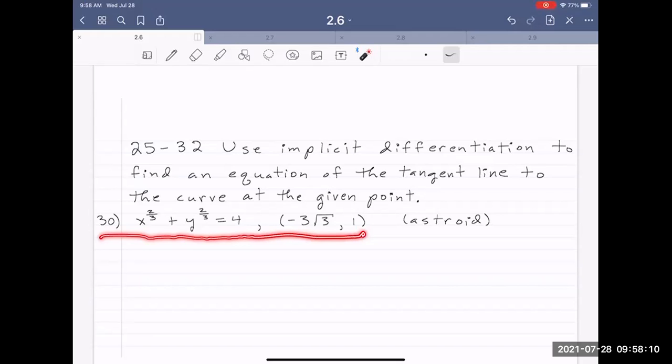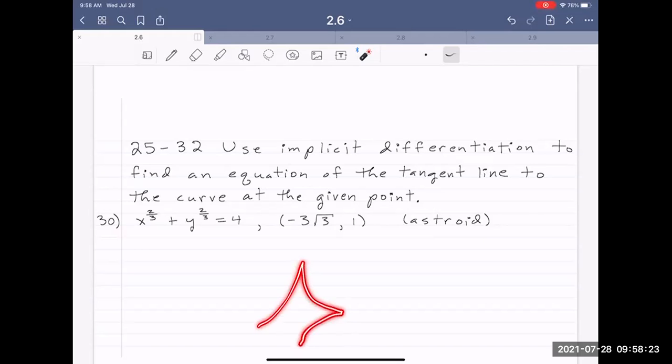The given point is (-3√3, 1). This figure here is actually called an asteroid. It looks something like that.